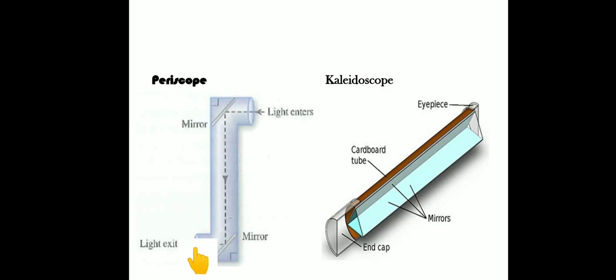So if something is kept upstairs at the roof, from our room we can see it. Now the second is the kaleidoscope. In this, what is there? Three mirrors are placed. They are glued together, and they can be kept into a tube.